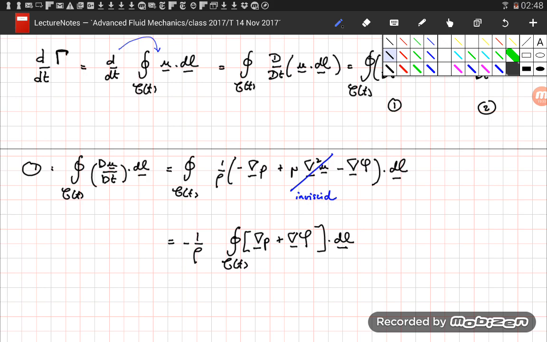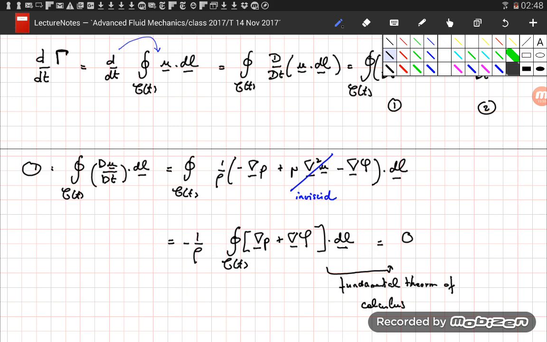And by definition, because of the fundamental theorem of calculus, this is equal to 0 because we are integrating along a closed contour.